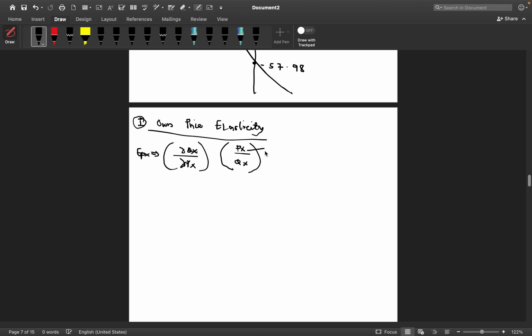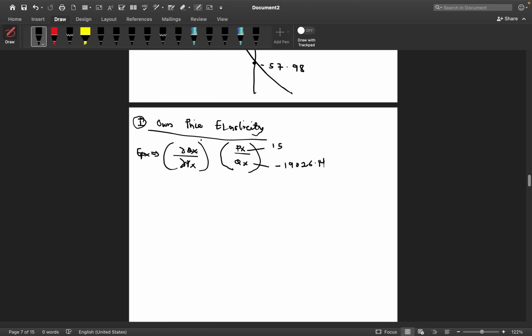So PX was given in the question as 15. Now the QS we solved from the beginning of the question was minus 19026.14. That was what we solved in the question.